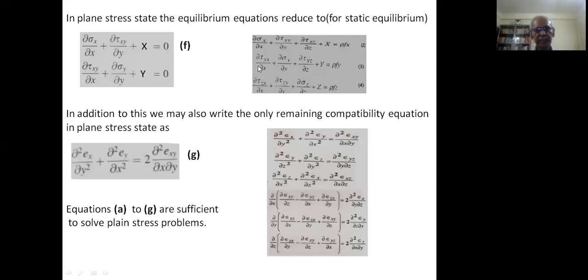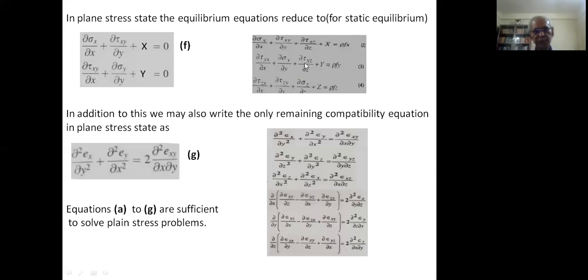Next line, we have got del tau xy by del x plus del sigma y by del y plus del tau yz by del z.